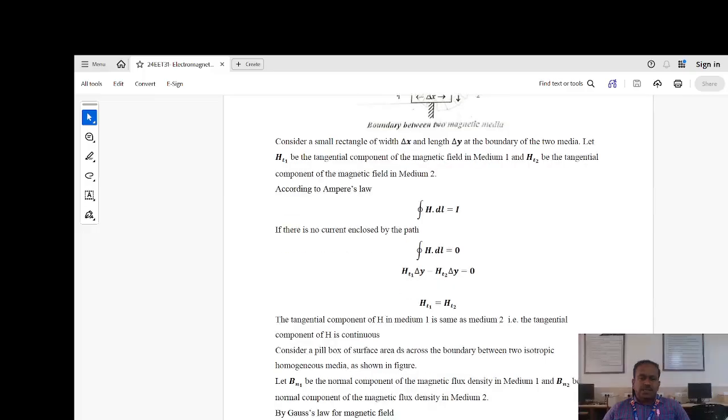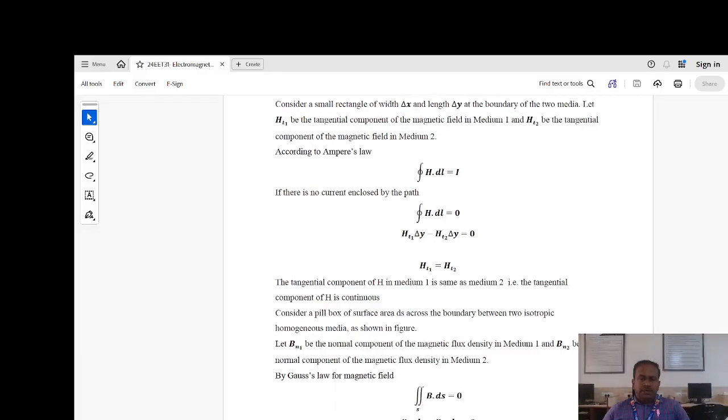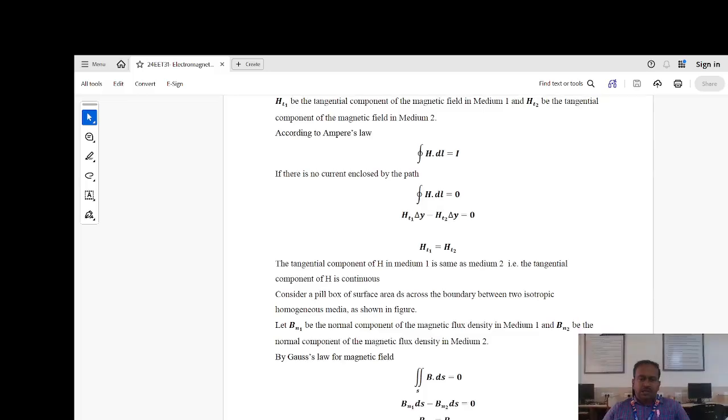Next case, consider a pillbox of surface area ds across the boundary between two isotropic homogeneous media as shown in the figure. Let Bn1 be the normal component of the magnetic flux density in medium 1 and Bn2 the normal component in medium 2.